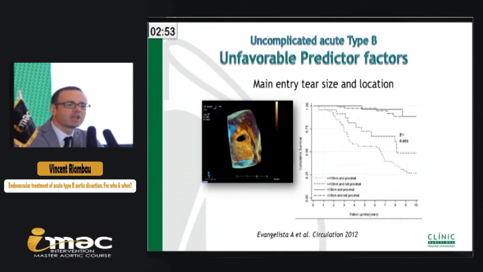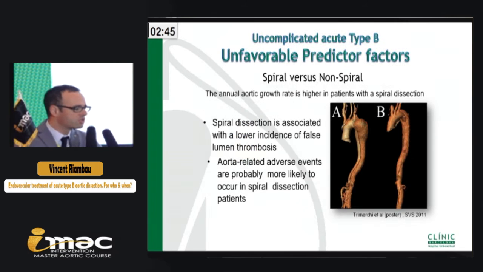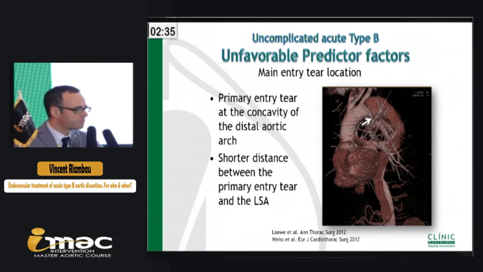And the location and size of the entry tear has been really well defined by Evangelista some years ago. But it's not only the position, it's also the shape of the dissection: spiral is much worse than non-spiral, and also the location of the entry tear in terms of inner curve and shorter distance to the LSA.